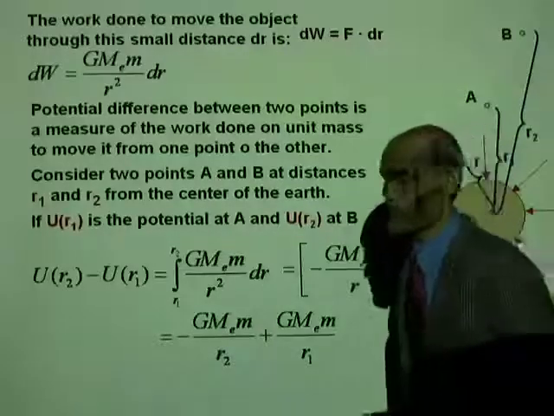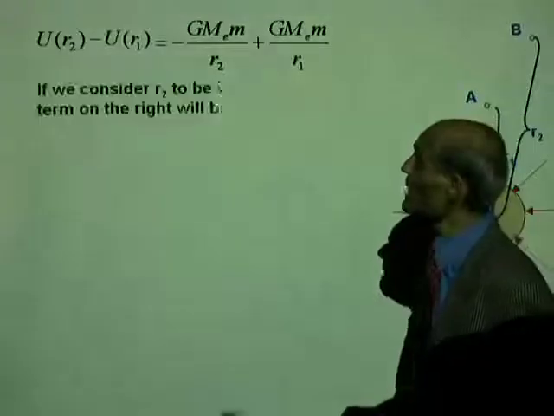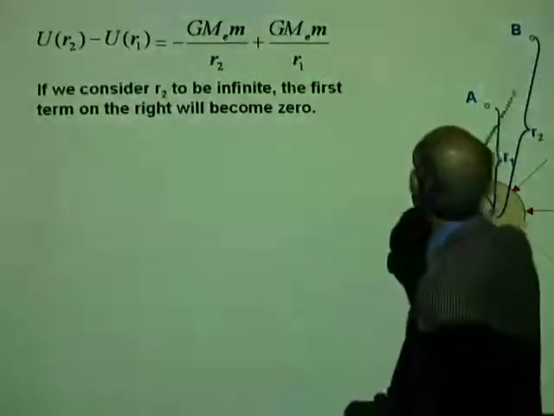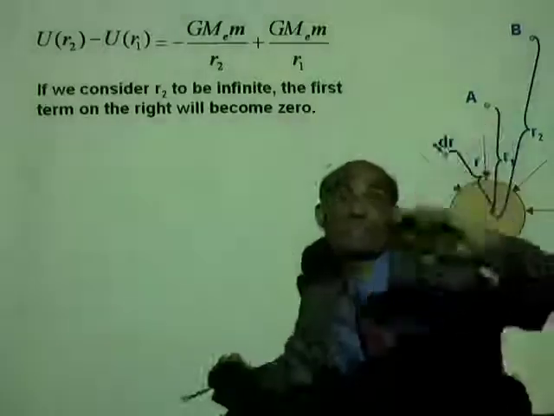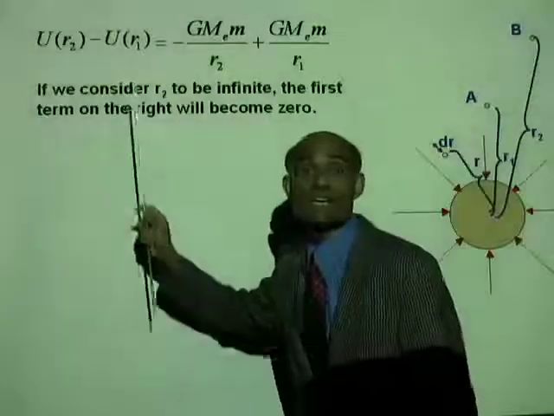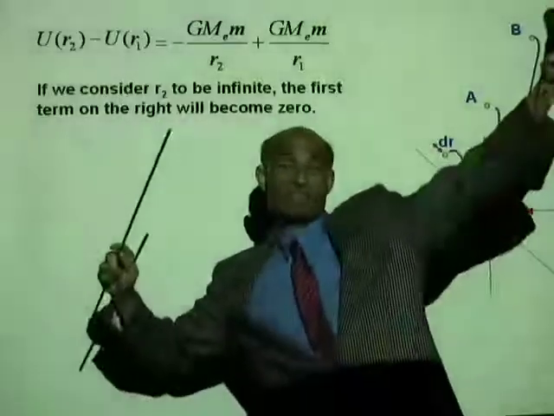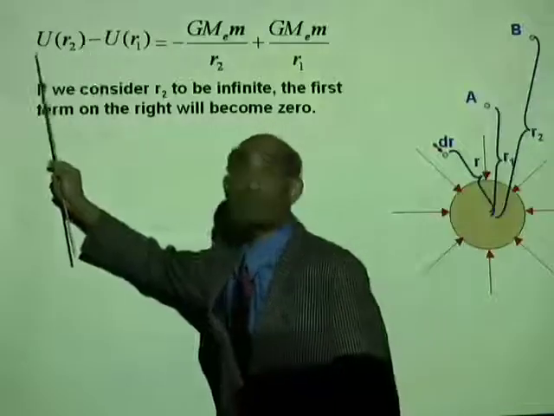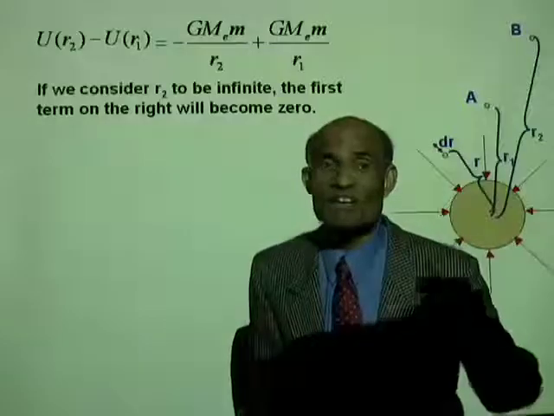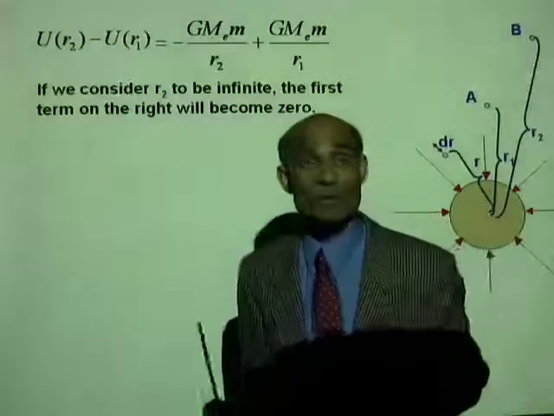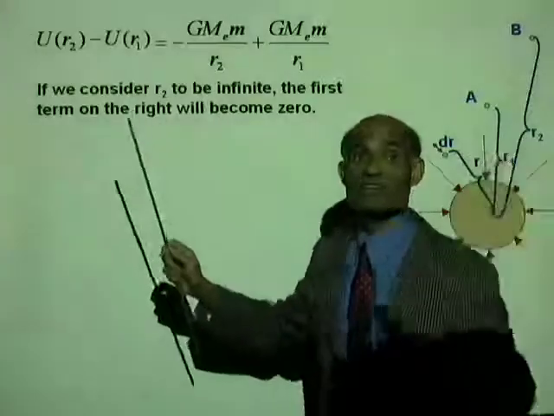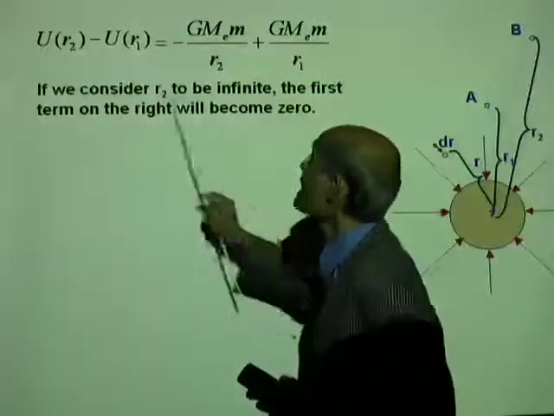Okay, now we're going to talk about if we consider this r2, if the point B is at infinity, if point B is infinite distance from the Earth, what will be the potential at point B? What did we say the potential at infinity is? 0. So if we consider r2 to be infinite, the first term on the right will become 0.